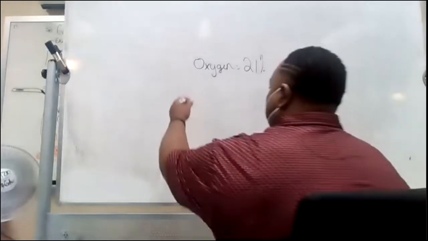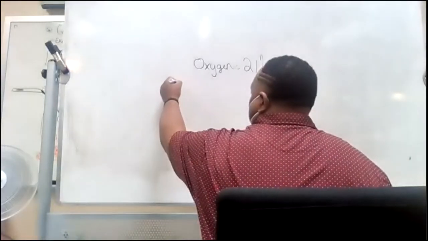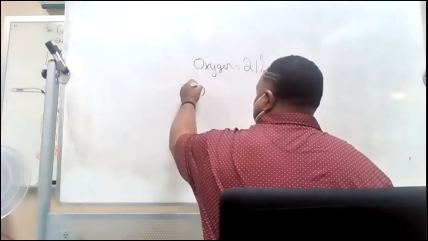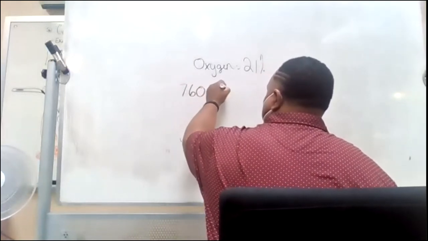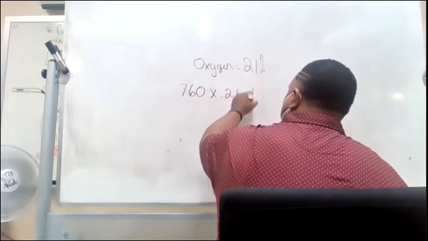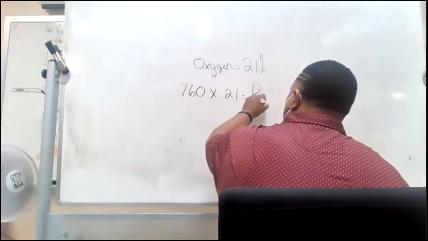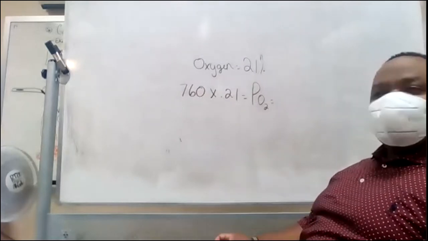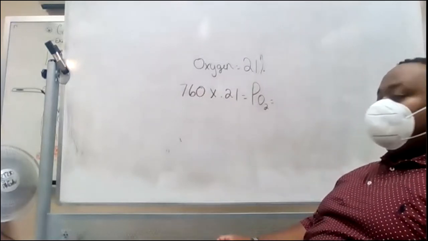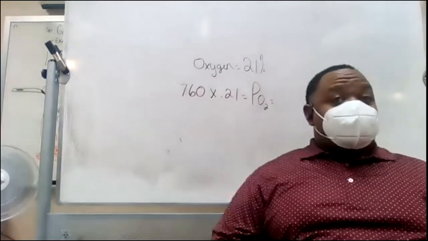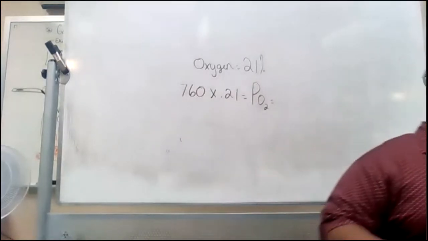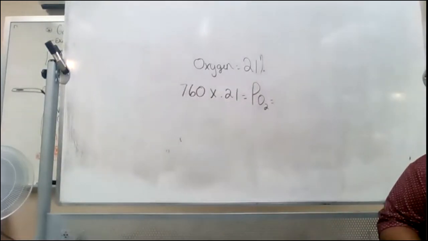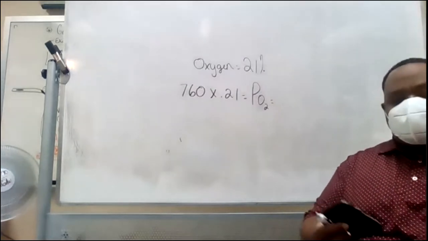Well, all you do is this: 760 times 0.21, and that will give me the pressure of O2. Somebody do that. 760 times 0.21. Make sure y'all got your calculators out.